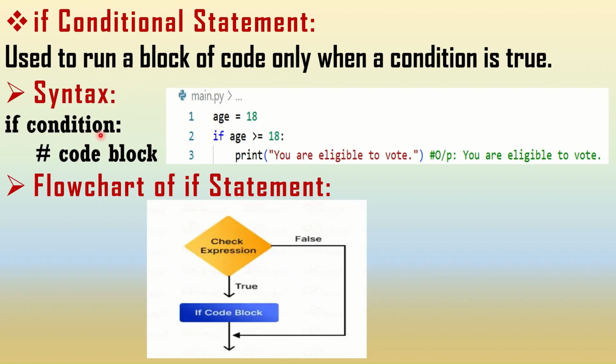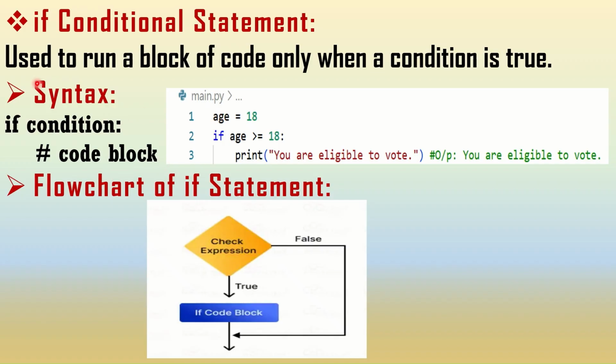Here you can see the line starts with the if keyword first, followed by some space and then the condition. And at the end of the statement, we have a colon. So we need to specify some condition after the if keyword. And in the next line, we need to follow some indentation or a tab space followed by the block of statements. So inside the if statement, the block of statements will go.